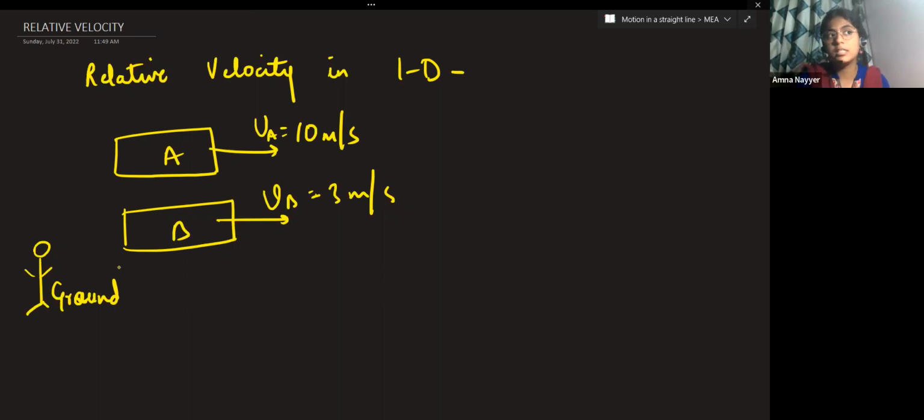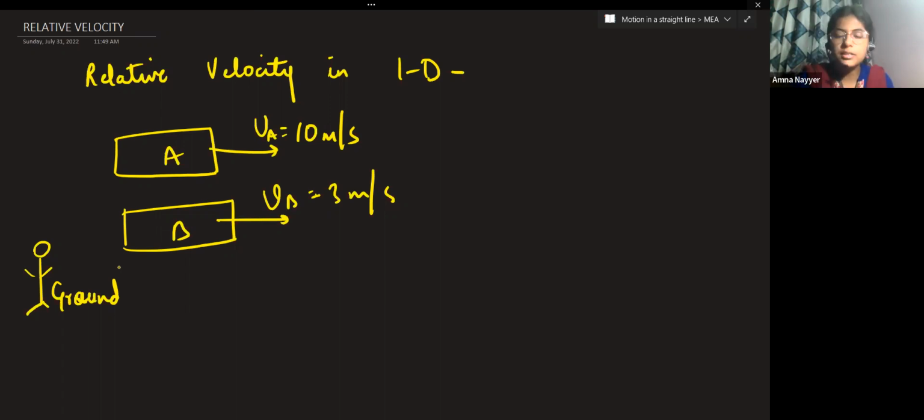But if the same person looks from the railway station while the whole train is moving, it will appear that the passenger sitting inside the train is also moving. But for the passengers inside the train, it appears that everybody is at rest, only the train is moving. So there comes the concept of relative velocity.